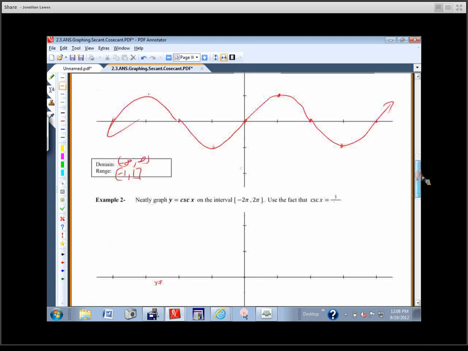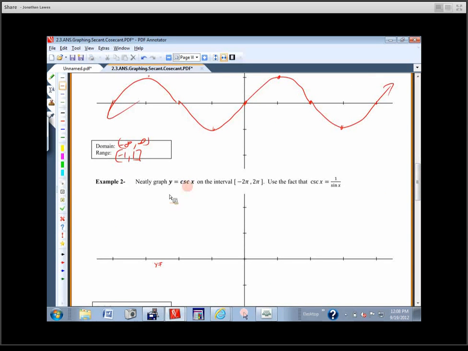Then I'm going to come down here, and I'm going to graph what its reciprocal would look like. So if this is the original function, let's figure out what its reciprocal would be. So wherever this hits a 0, what do I have? What feature do I have down here on its reciprocal? I have an asymptote. So I'm going to do an asymptote here, here, here, and so forth. These are small positive numbers.